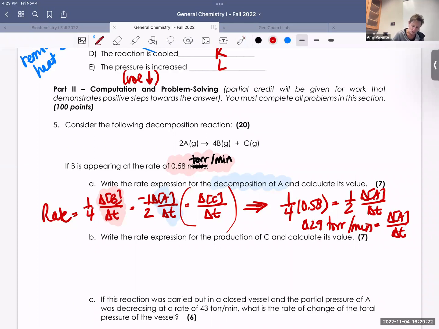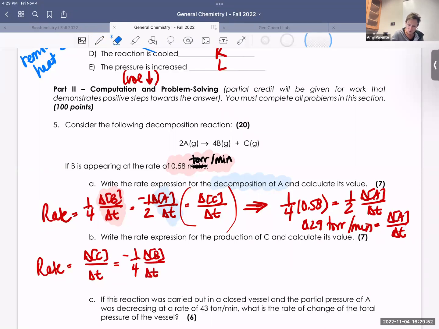So here I'm going to write a similar rate expression, and we want to find the rate expression for the production of C. Since you could solve this problem either by using your answer from A, so we could write the rate expression of C as a function of A, which we just solved for, or you could use B again. My answer key just has B here. So we're going to use the same information as we had from above.